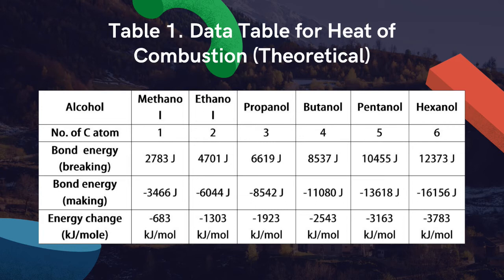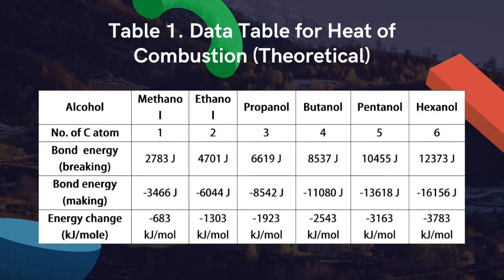As you can see, there are 6 kinds of alcohol being compared. These alcohols are methanol, ethanol, propanol, butanol, pentanol, and hexanol. As you can see, they have different numbers of carbon atoms. From methanol to hexanol, it increases by 1 to a maximum of 6 carbon atoms.